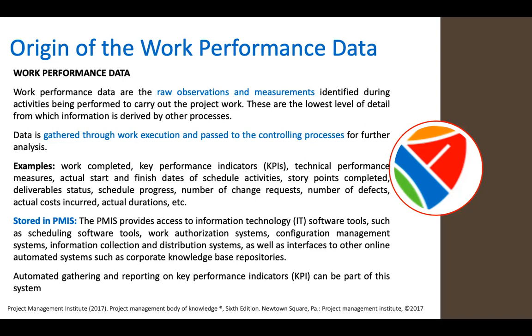For example, work completed, key performance indicators (KPIs), technical performance measurement, actual start dates and finish dates of scheduled activities, story points completed, deliverable status, schedule progress, number of change requests, number of defects, actual cost incurred, and actual duration, etc.